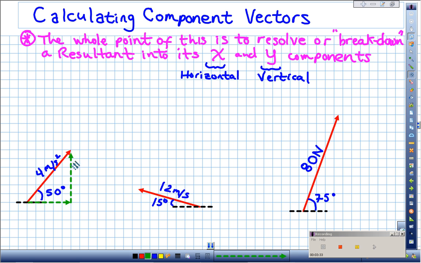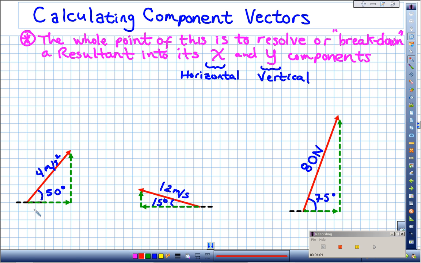Keep in mind that these horizontal and vertical components, by definition, must be perpendicular to each other. That is, they must be 90 degrees. So I'm going to do that for each one of these, just so I can get an idea. And there we go. Now, I will label these as components in the x and components in the y, just because I want to keep that straight in my head.